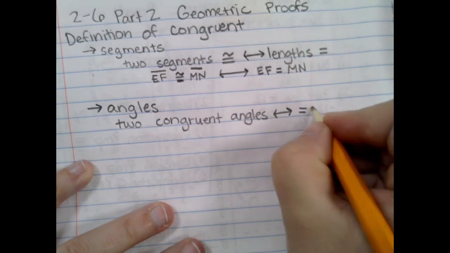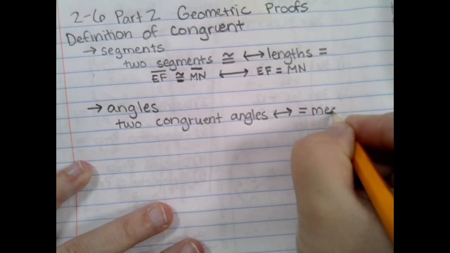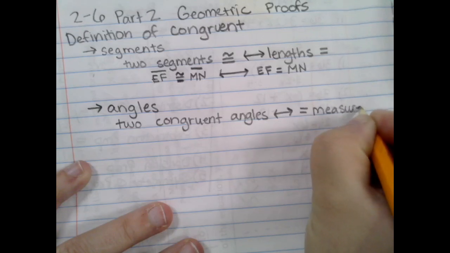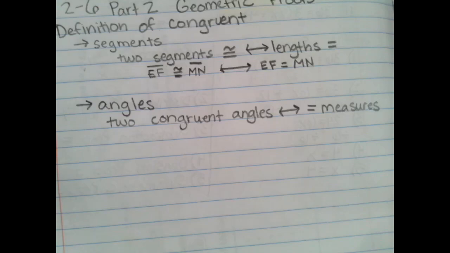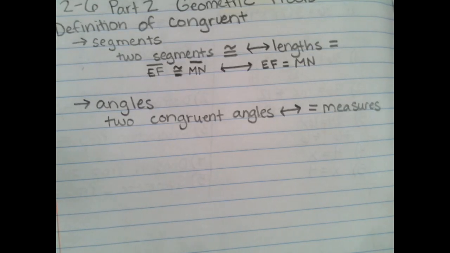They have equal measures. And really, today we're not talking necessarily about that definition, but just how we show it, because we're going to have to show it in our statements.